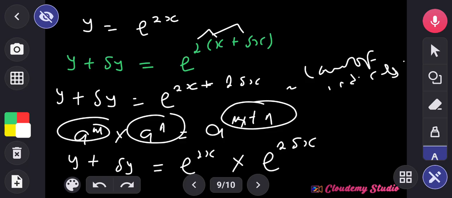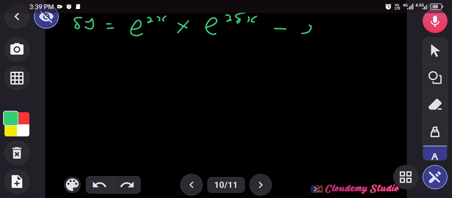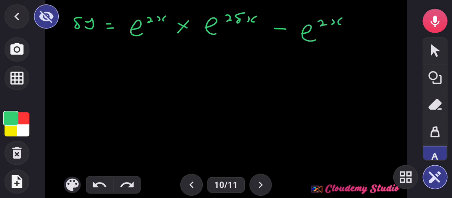Now, the next thing is that I'm going to make y the subject of the formula, take this one back, and I'm going to be having our dy equals exponential 2x multiplied by exponential 2 delta x minus y. What is our y? Our y is exponential 2x, which means minus exponential 2x. We have this already. The next thing that we can do is that we can actually factorize things out.